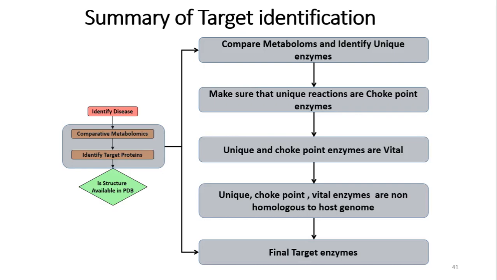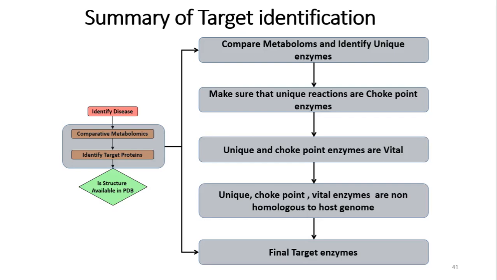So in this way, what would happen is that when you start out comparing the two metabolomes of human as well as pathogen, you might end up comparing a few thousand biochemical reactions or a few hundred metabolic pathways, and after comparing you might end up identifying say some 100 unique reactions. Okay, from these 100 unique reactions, maybe there are only 70 enzymes that catalyze the choke point reaction.